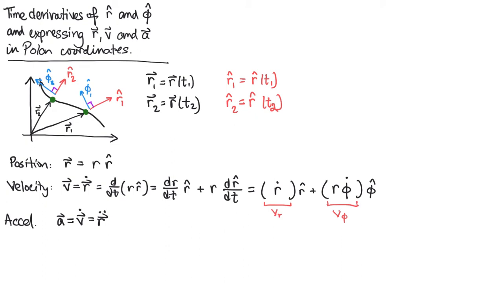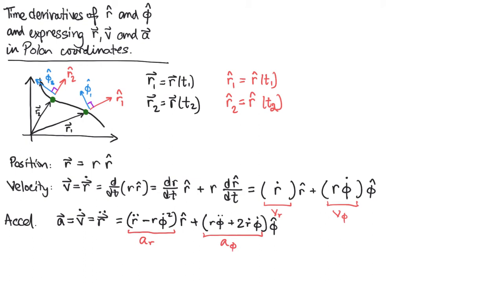And so what we'd like to show is that the acceleration is given by the following: r double dot minus r phi dot squared in the r hat direction plus r phi double dot plus 2 r dot phi dot in the phi hat direction. The first term in parentheses is the radial acceleration, whereas the second term is the tangential acceleration.